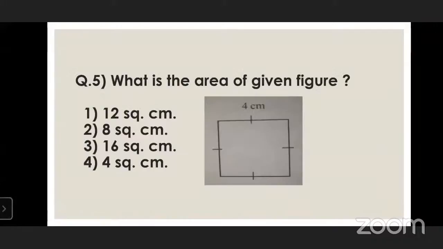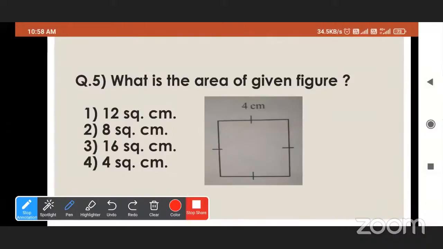Now, what is the area of the given figure? Sir, is this a square or rectangle? Sir, it is a square. Square. So what is the area of a square? Area of a square is S into S, side by side.